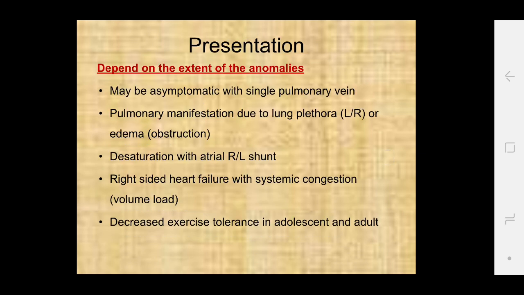Presentation usually depends on the extent of the anomalies. One vessel is different from three vessels. Usually one vessel can pass asymptomatic and sometimes be discovered incidentally in adult age, third, fourth, even fifth decades, due to any cardiac check-up or any imaging. Pulmonary manifestations usually increase with the number of vessels and it represents left to right shunts.